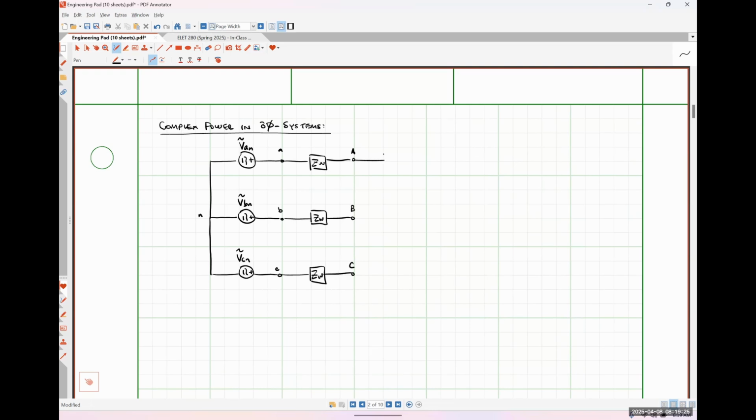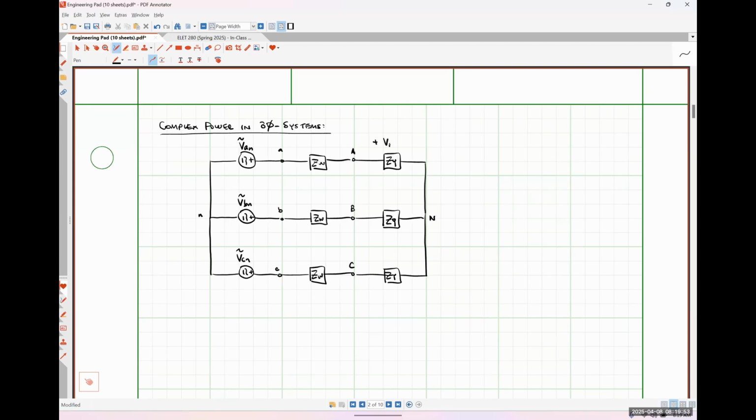And lastly, my Y-connected impedance. Like so.